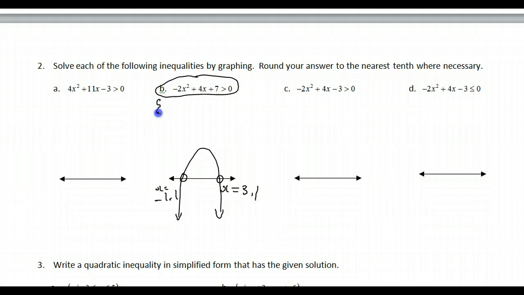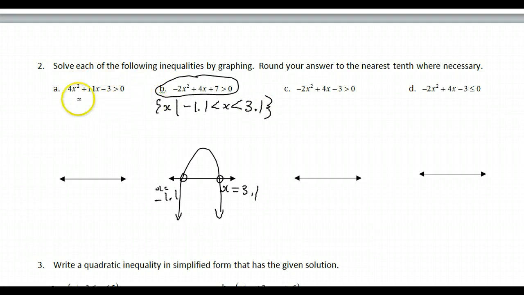A formal writing of this would be the set of all x such that negative 1.1 is less than x, which is less than 3.1. And that would be a formal rendering. So negative 1.1 strictly less than x, which is strictly less than 3.1.